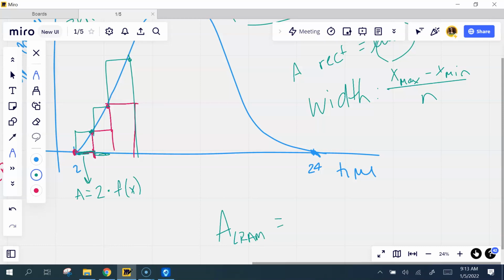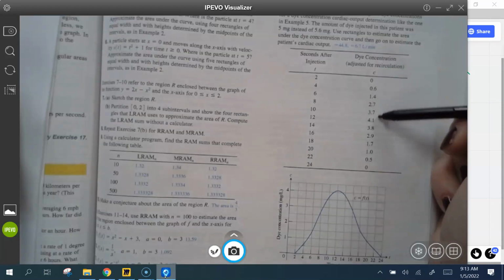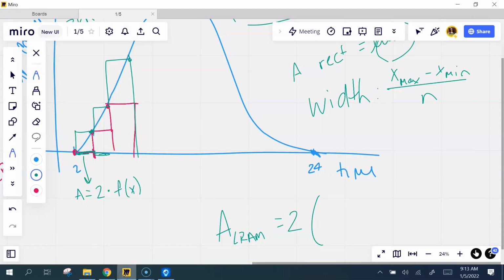The height's the same each time, right? So I'm just going to pull that outside and say, instead of saying 2 times this one plus 2 times this one plus 2 times, I'm just going to say 2 times, and I'm just going to add them all up. So left RAM, I'm going to start with the 0, right? And I'm going to go 0, 0.6, 1.4. Those are the ones I'm adding.